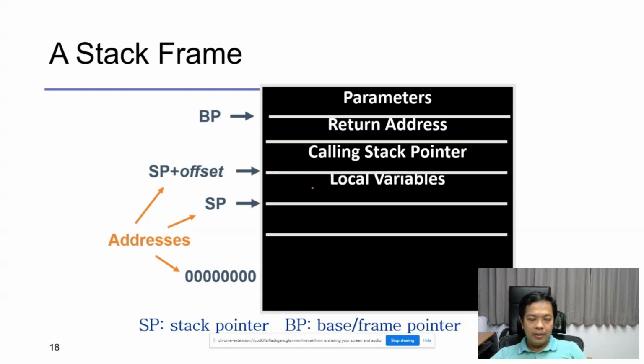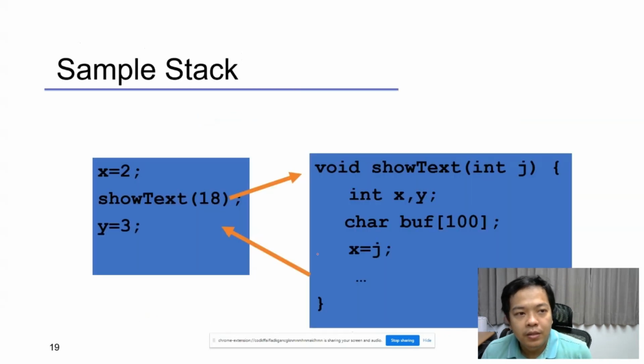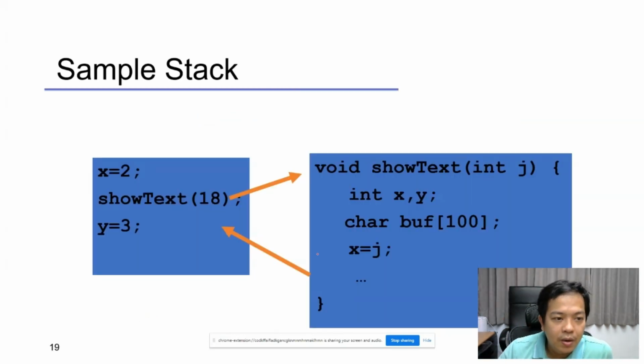So if the program needs to jump or has a data type related to a list or something like that, it needs to support a stack pointer, or we need memory allocation. So this is a sample stack. Yeah, this function again.